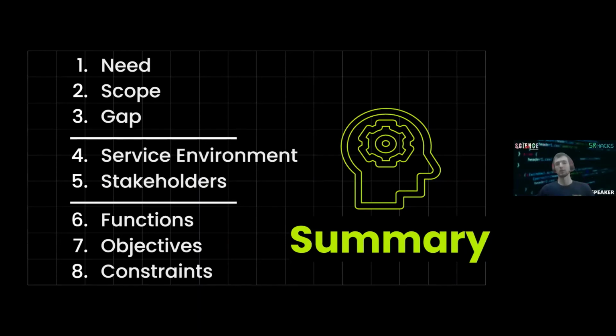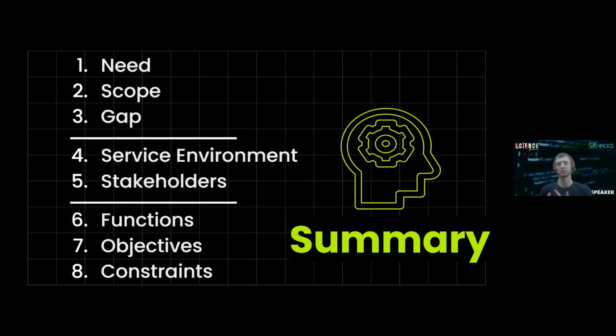I'm going to go through each of these one by one, just so you guys get a defined term for each of them. The need is what your design must achieve to be a valid design. Your scope is what types of designs you will consider and what types you will not. The gap is what is the hole that your design is filling.